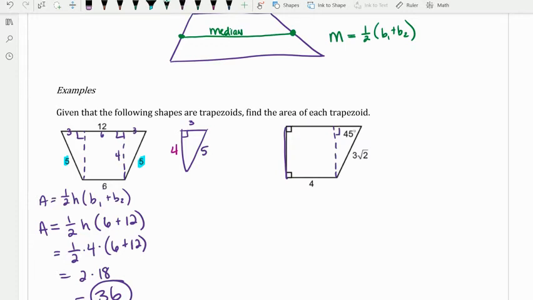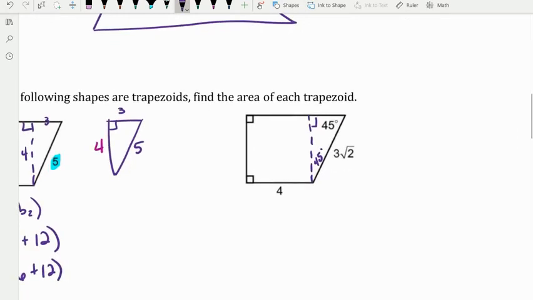What we do know is that over here on the side, we've got a 45, 45, 90 triangle, because if that angle up there is 45, then this one also has to be 45, right? And in a 45, 45, 90 triangle, we know that the hypotenuse equals the leg times radical 2.